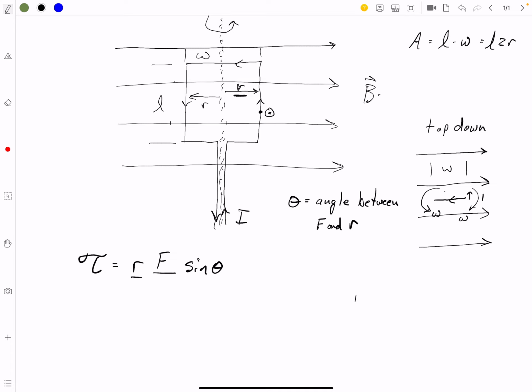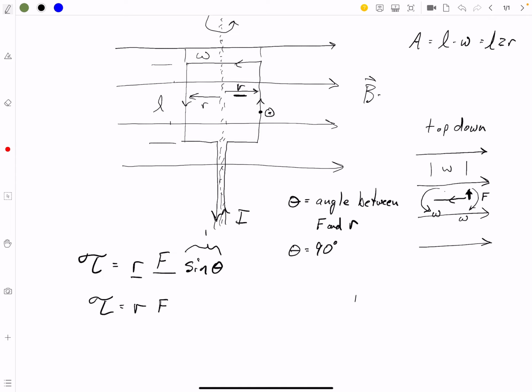If we look at the top-down view, our force is going this way. So that angle, of course, is 90 degrees for our situation. And sine of 90 degrees is 1. So we can just equate that to 1. And we get our torque is equal to R cross F.